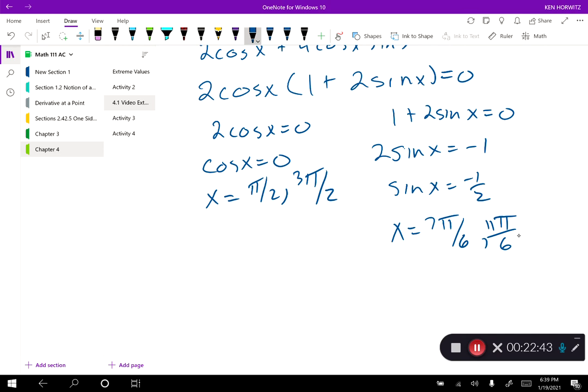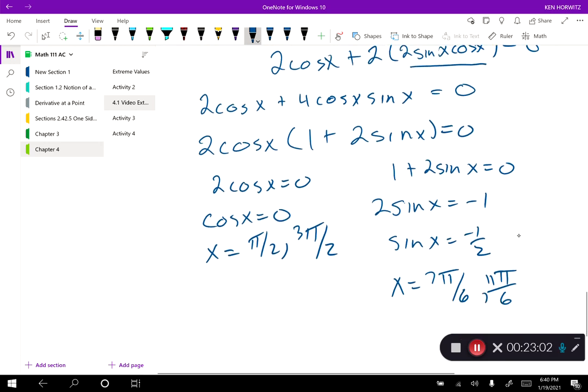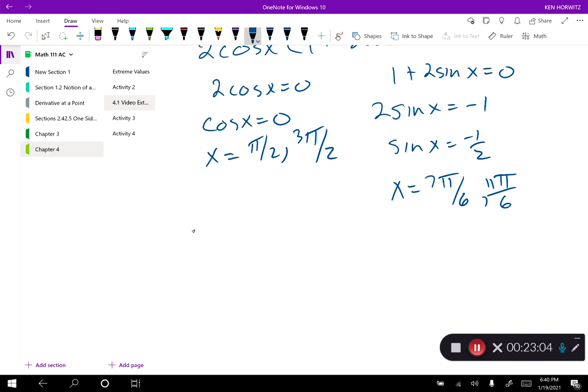All right. If you feel you need to, if you have any questions, definitely come see me. All right. So the last thing you would do is you're going to take each one of those values plus your endpoints. So you're going to take x equals 0. I'm going to write them in order.